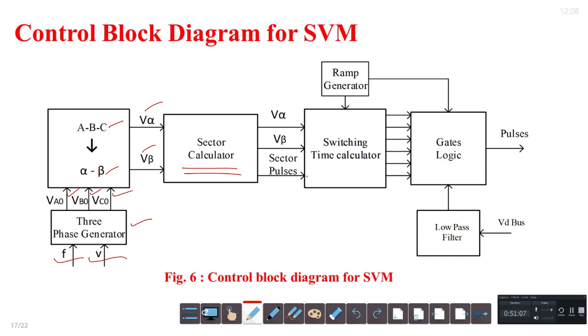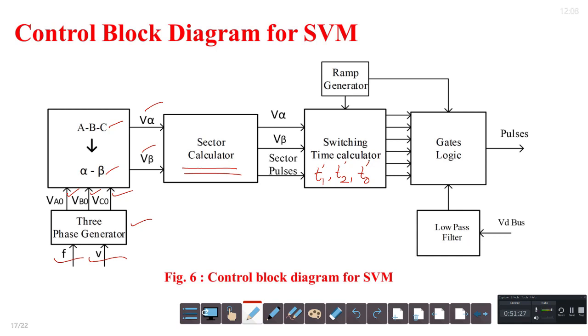that is the dwell times. So, for each sector there is a time T1 dash, T2 dash and T0 dash. The switching times are calculated and accordingly pulses are generated and go to the logic circuit for driving the switches of the inverter.